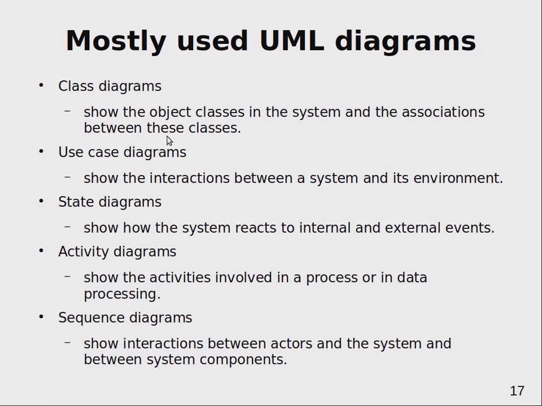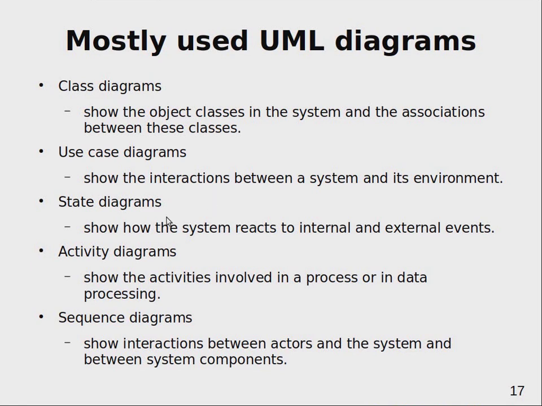And what are the most widely used? The most widely used diagram is the class diagram, which shows objects and classes and associations between them. Use case diagrams, which are friendly with use cases of your system specification or related things.